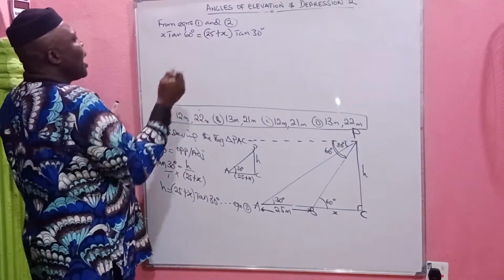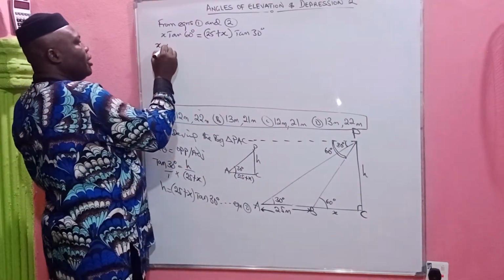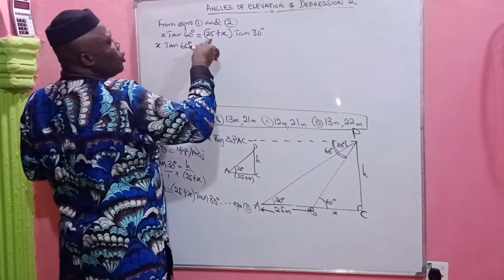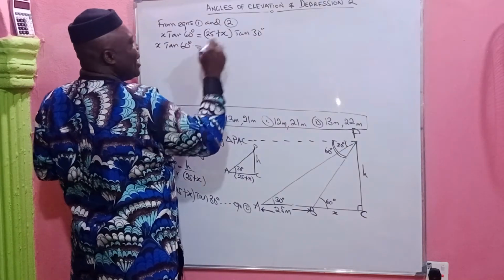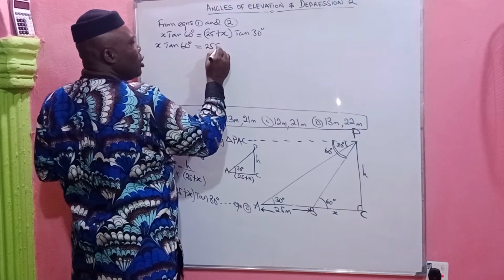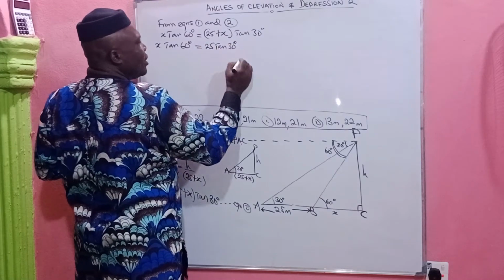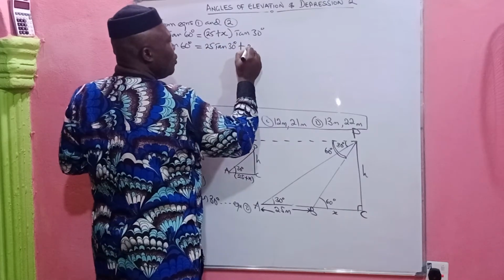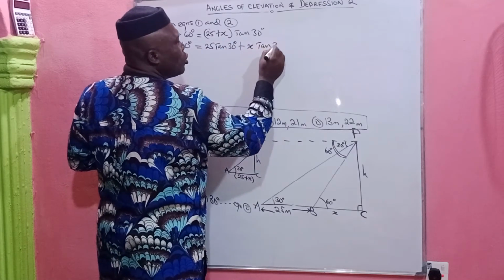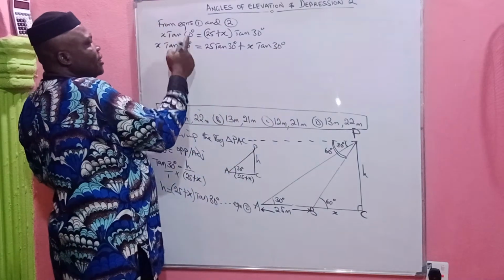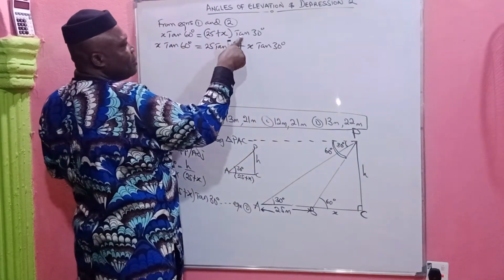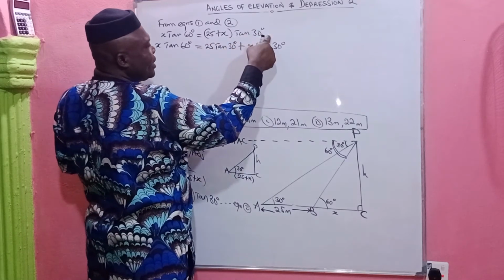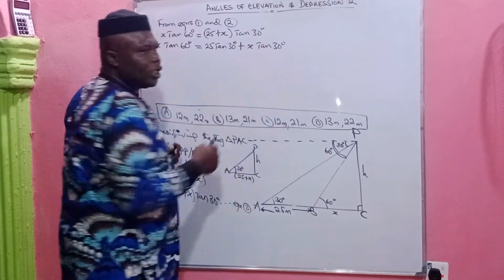Okay, so we have that X tan 60 is equal to 25 tan 30. We want to expand: 25 tan 30 degrees plus X tan 30. So we are trying to expand. X tan 60 degrees is equal to 25 times tan 30, which is what you have here, plus X times tan 30 degrees, which is what we have here.